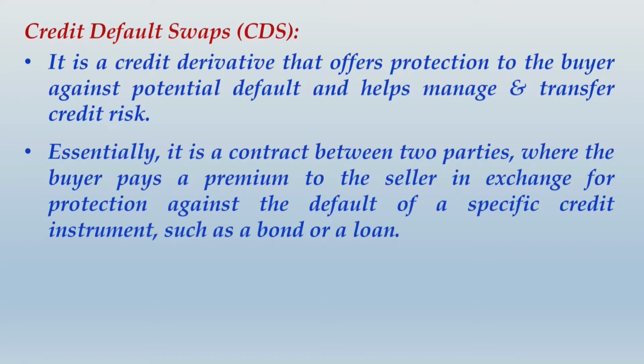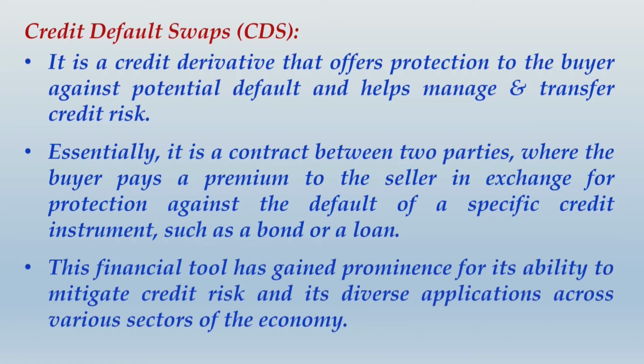Essentially, it is a contract between two parties where the buyer pays a premium to the seller in exchange for protection against the default of a specific credit instrument such as a bond or a loan. This financial tool has gained prominence for its ability to mitigate credit risk and its diverse applications across various sectors of the economy. So please write up this much and then I take you ahead.